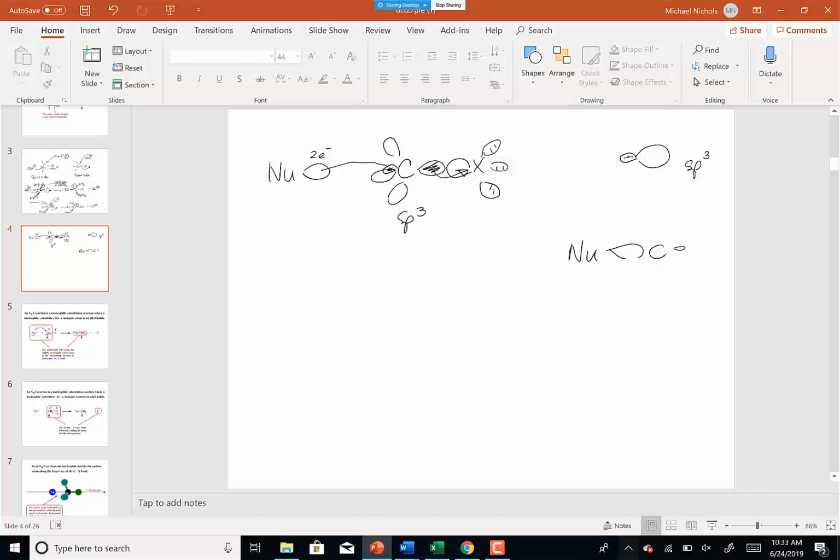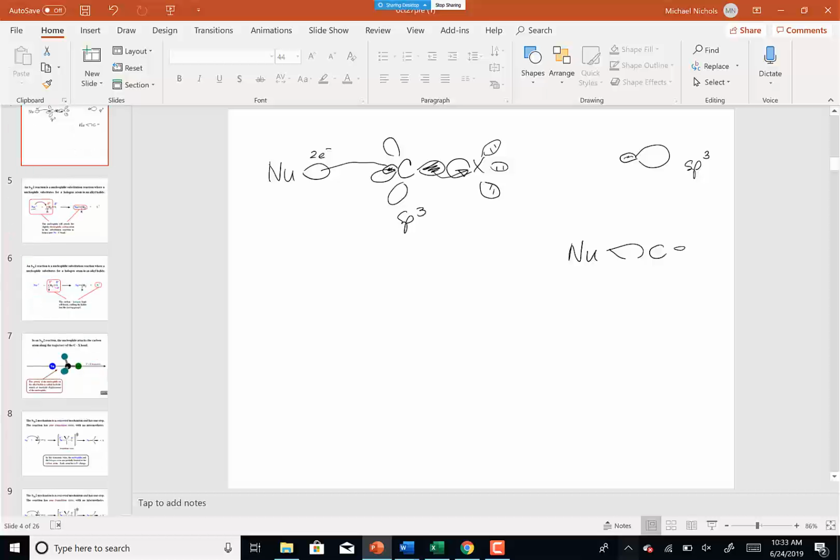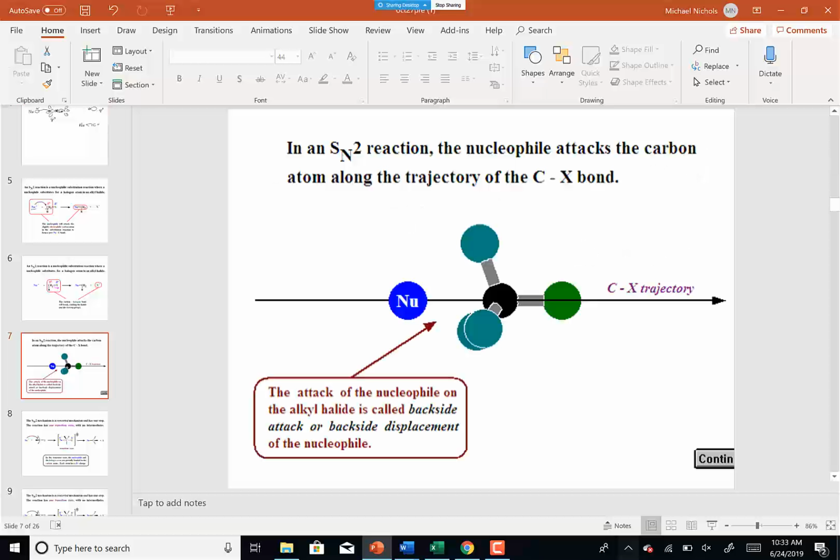So we now know that this substitution with a primary or secondary halogen is backside attack, not front side attack. Okay. Does that make sense? So that means that if I'm looking at the molecule, the nucleophile is going to attack on the backside directly down the carbon-halogen bond.